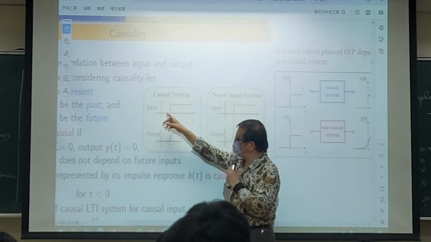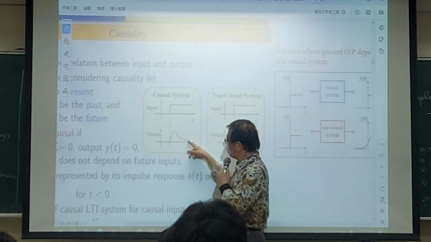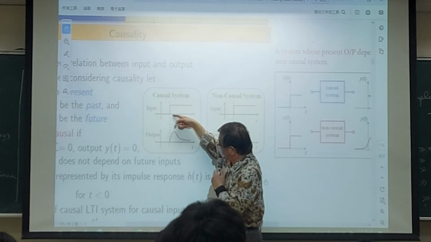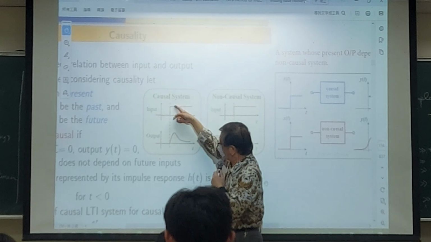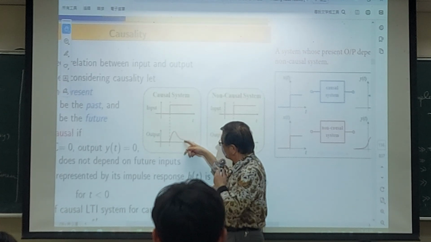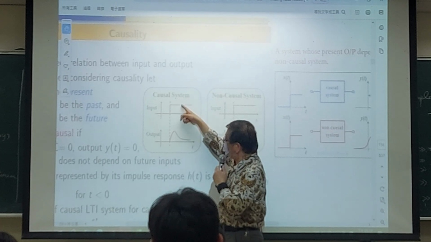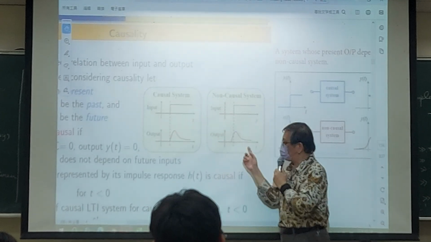Like this one, these are the outputs. This output depends on the time prior to the time we are considering here. And if you consider this moment, then this output will be affected by the input from here to here.